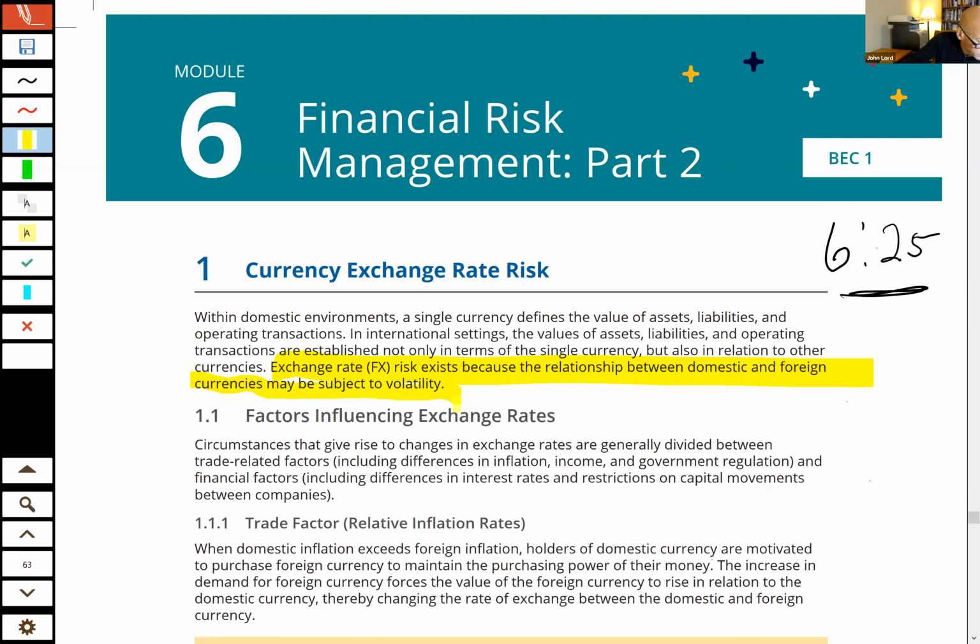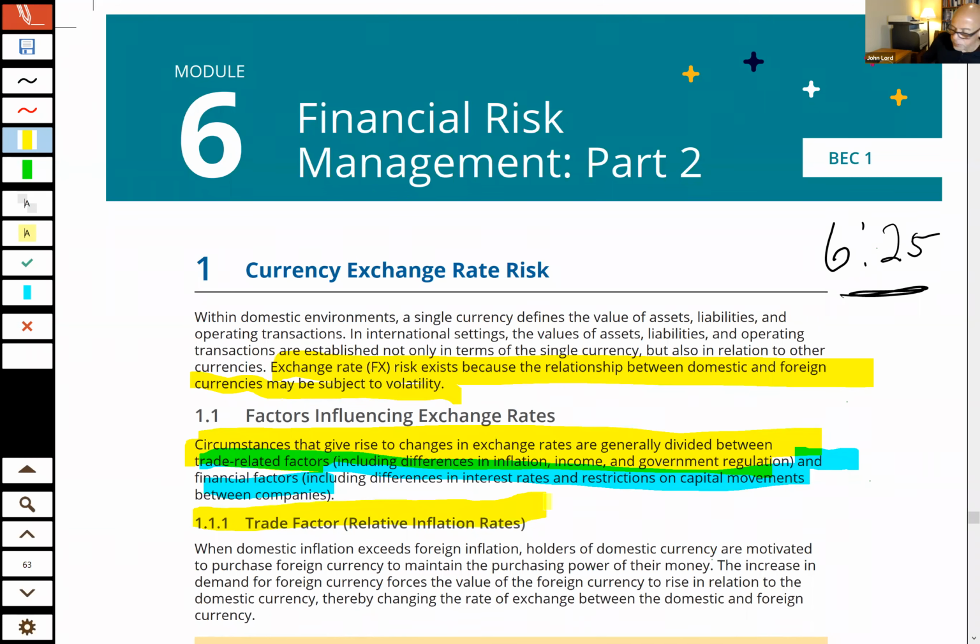So we start to take a look here, and they tell us that there are circumstances that give rise to changes in exchange rates, and they're generally divided between trade-related factors, including differences in inflation, income, and government regulation, and financial factors, including differences in interest rate and restriction on capital movements between companies. So we're going to take a look at some of these and understand how they affect the currency between two different countries.